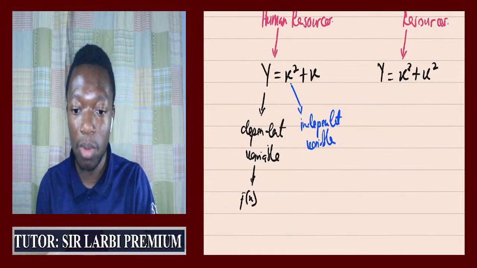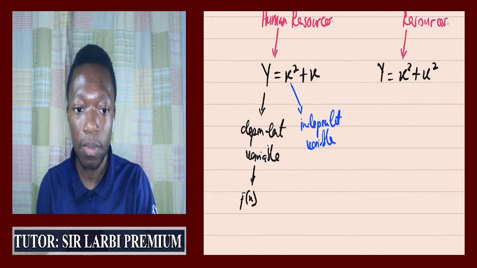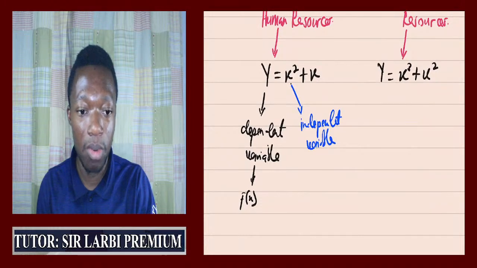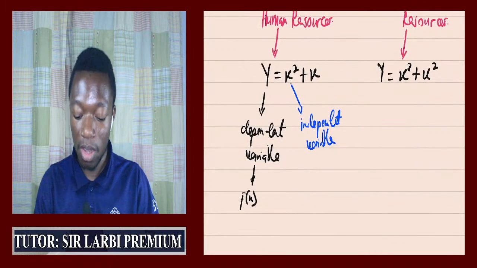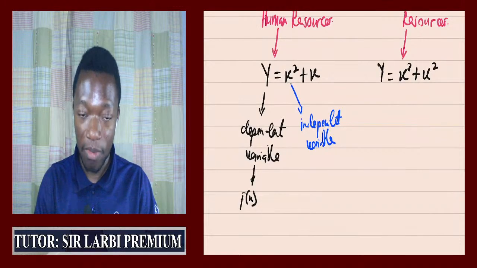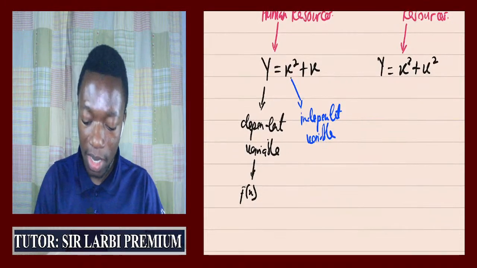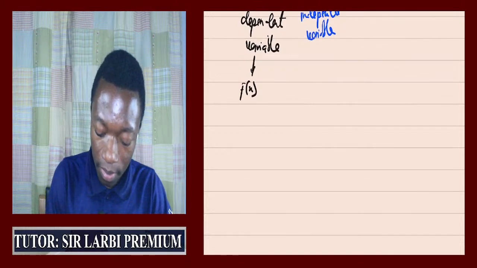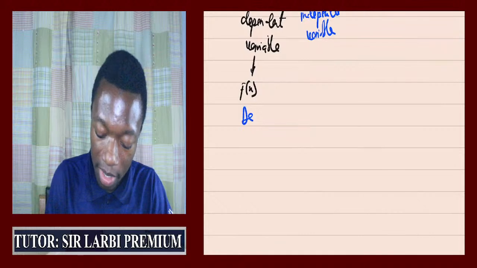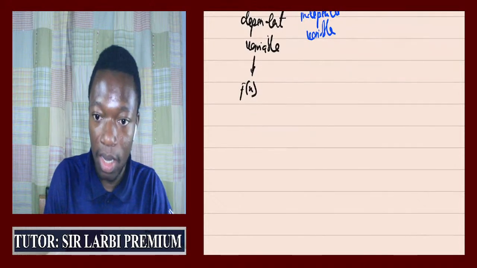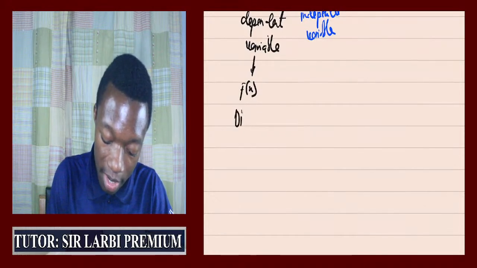So if you have the dependent variable and the independent variable, and we have established that differentiation generally, in terms of the definition, is a process of finding the derivative.